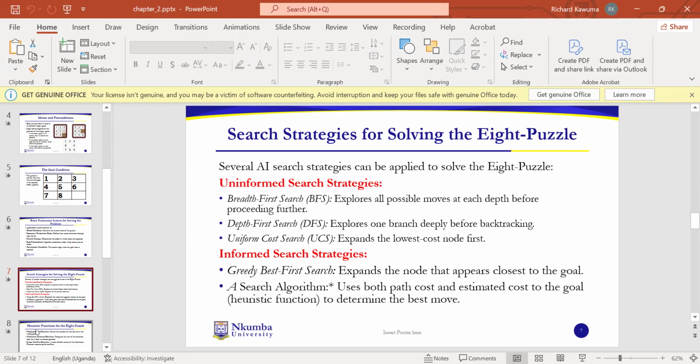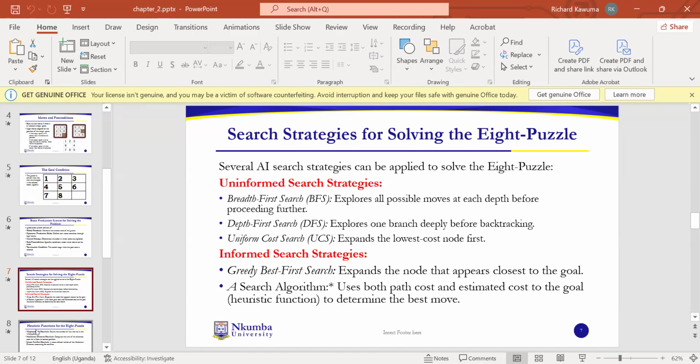So depth first search explores one branch deeply before backtracking. There's that depth breath. Some of you have gone to the hospital and the doctor tells you, take a deep breath in. It means pull the air for about 5 seconds.